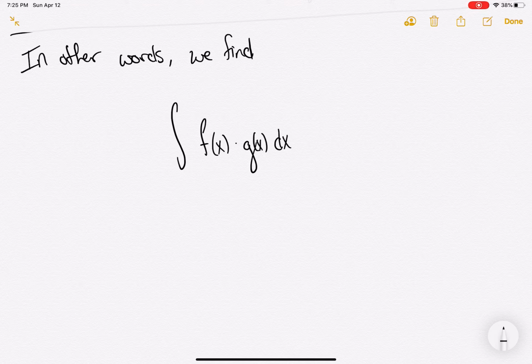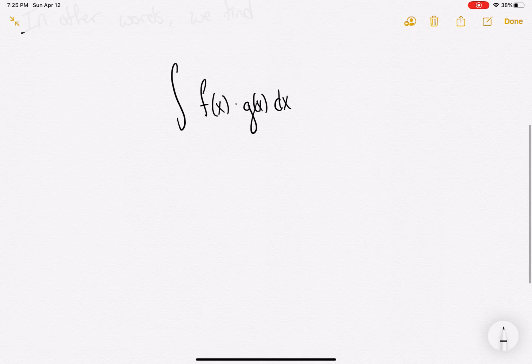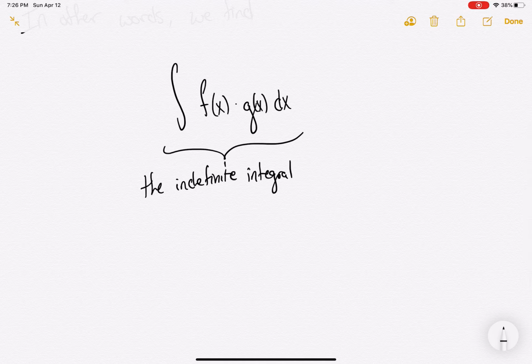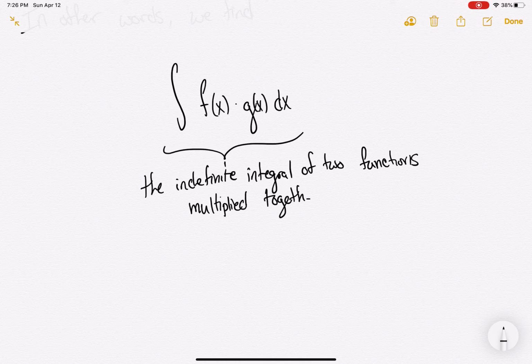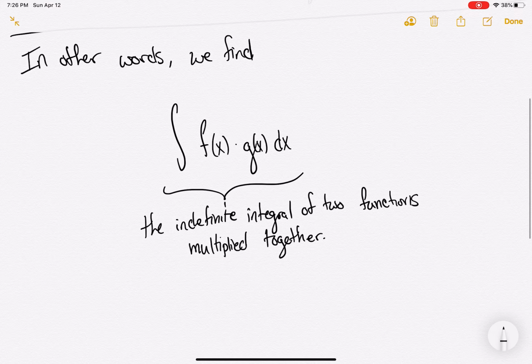We find the indefinite integral of two functions multiplied together. And it's a bit fun to learn how to do this.